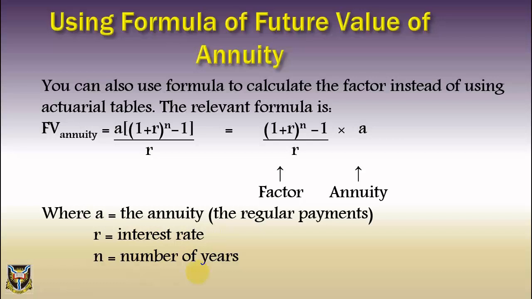For our example, A is equal to 1,000 naira, N is equal to 4 years, R is equal to 10%, which is equal to 0.1.